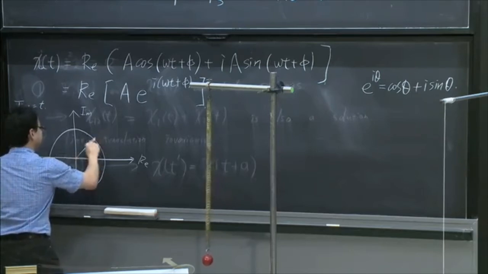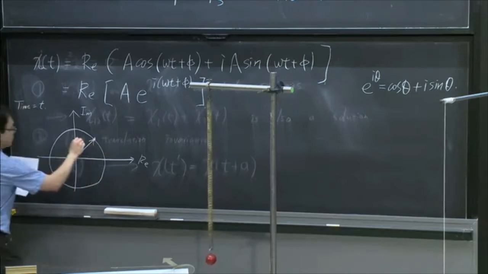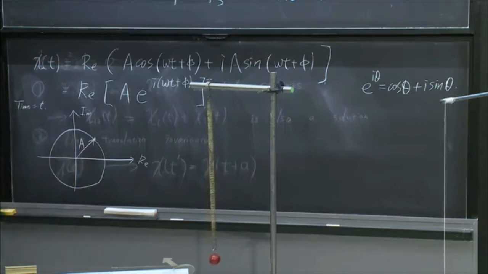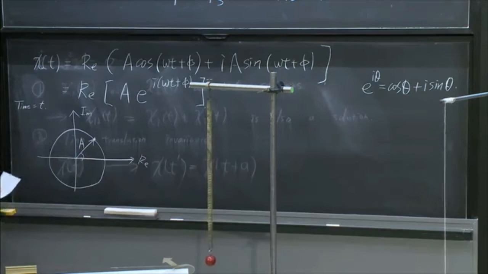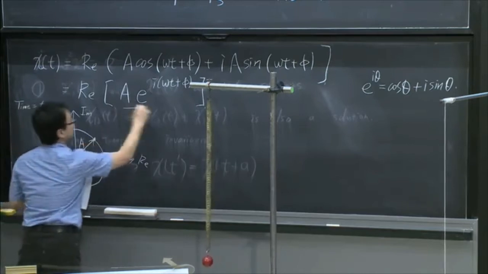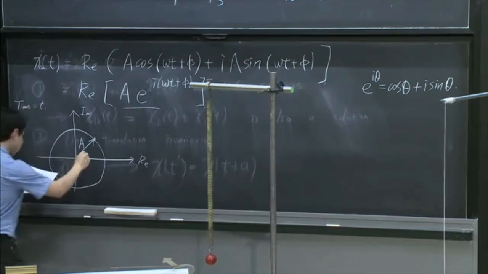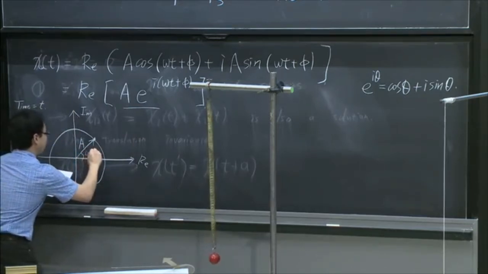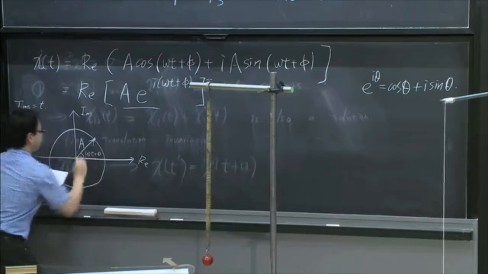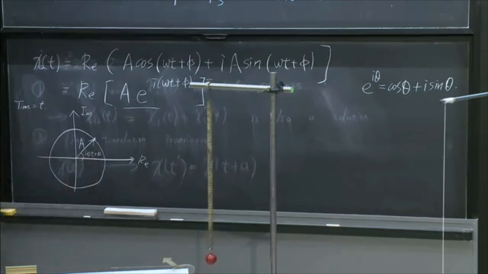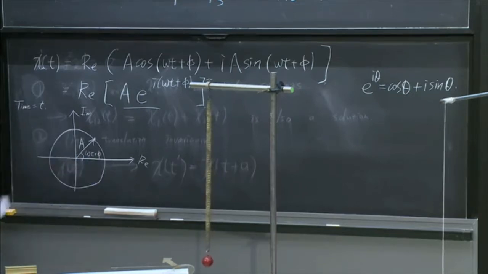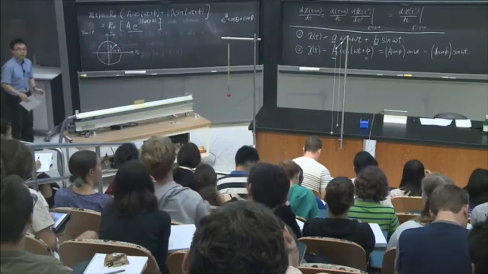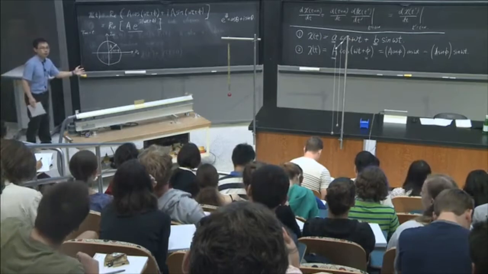And this vector actually shows the amplitude. Amplitude is A. And the angle between this vector pointing to the position of this function and the real axis is omega t plus phi. Okay, so that's very cool, right?